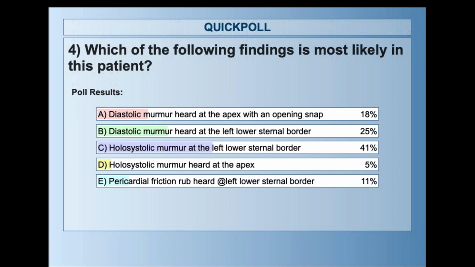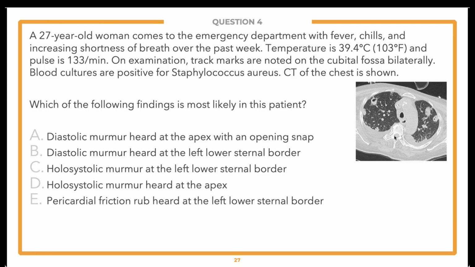Answer choice A kind of following on its tail. So decent spread of answers, although I think we got a pretty good consensus there behind answer choice C. So let's go ahead and hide the results, and we will answer the question.